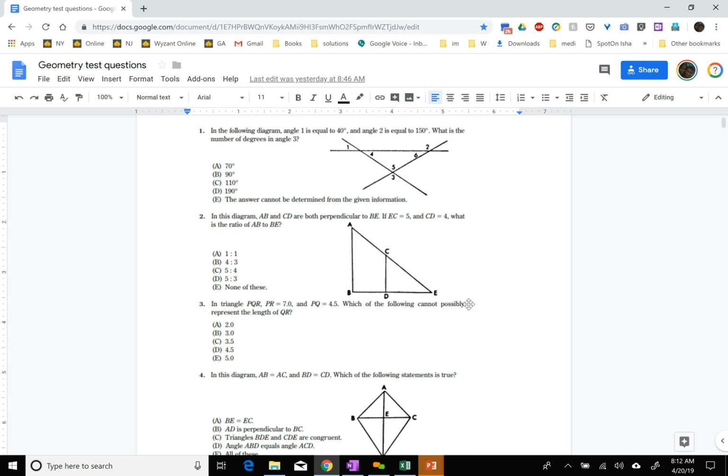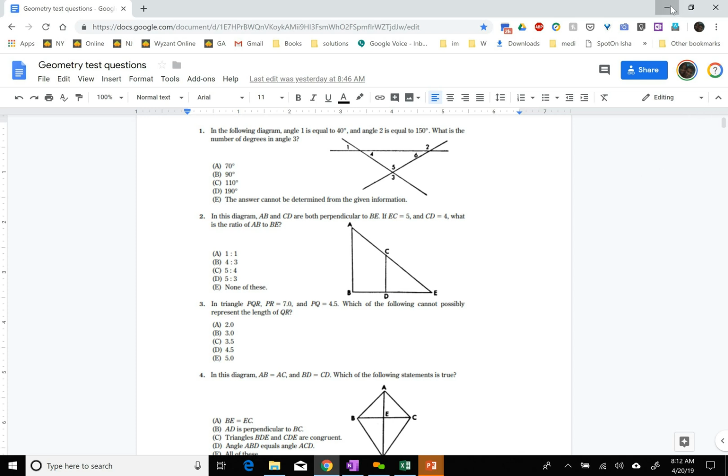Quadrilaterals have 360, but triangles have 180 in them. Can you not determine it from the given information? No, you definitely can.